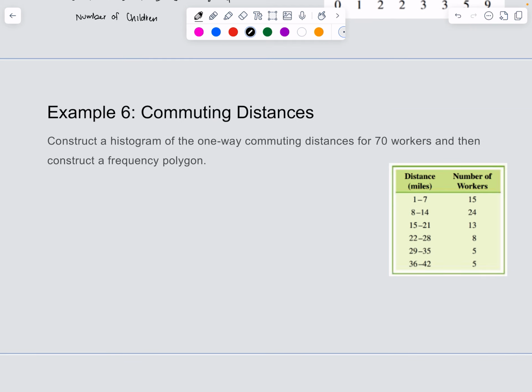Okay, construct a histogram of the one-way commuting distances for 70 workers, and then a frequency polygon. So we're going to just lay these on top of each other. We have the distance in miles and the number of workers.